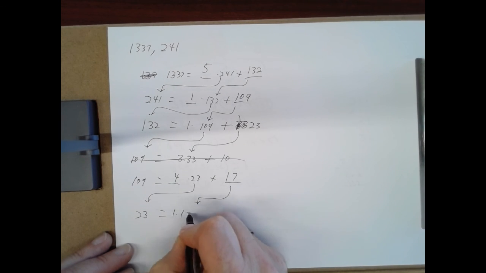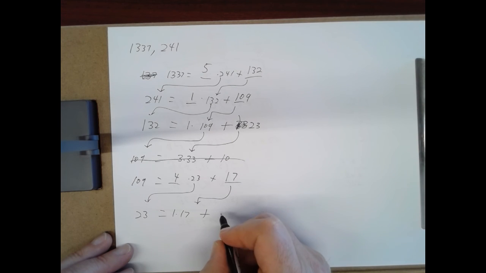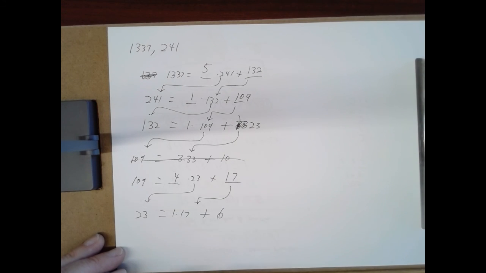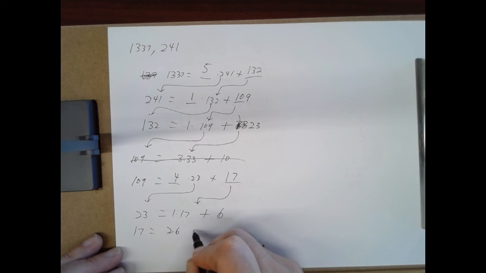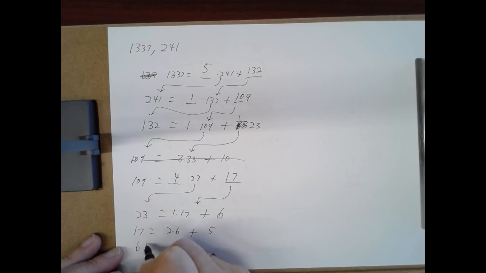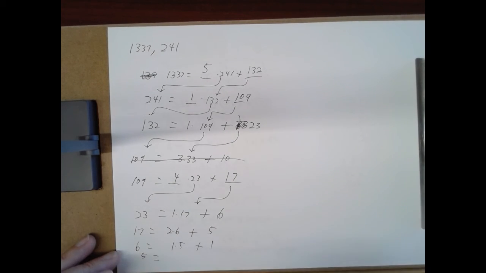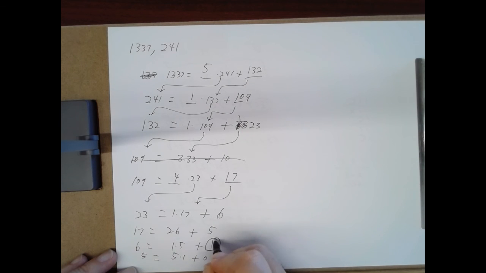23 equals 1 times 17 plus 6. 17 equals 2 times 6 plus 5. 6 equals 1 times 5 plus 1. And 5 equals 5 times 1 plus 0. And once we get down to a 0, this is our GCD.